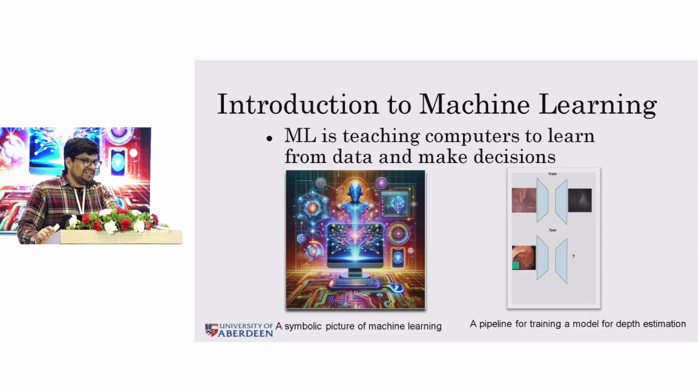On the left-hand side, you can see the symbolic picture of machine learning, and on the right-hand side, a simplified version. But where machine learning actually stands is maybe in between them. In simple terms, it's a technique to teach computers to learn from data and make decisions.